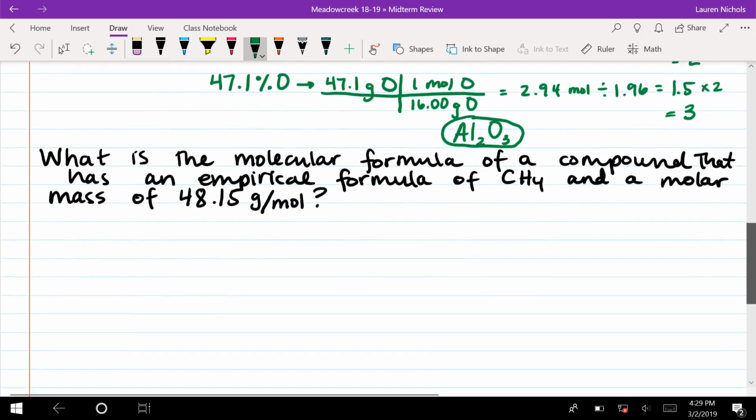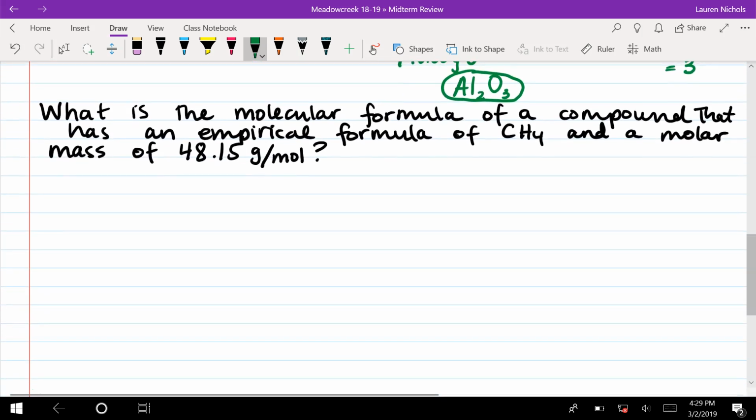Then there's another kind of question where it asks, what is the molecular formula? This time we're trying to find the molecular formula and not the empirical formula of a compound that has an empirical formula of CH4 and a molar mass of 48.15 grams per mole. Here's how I explain it. Imagine this box is your molecular formula, but you don't know what it looks like.